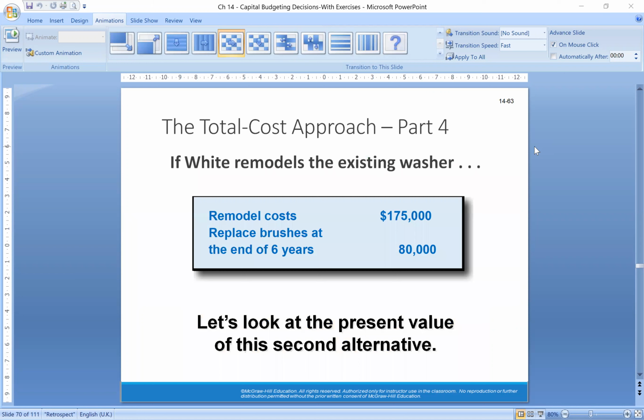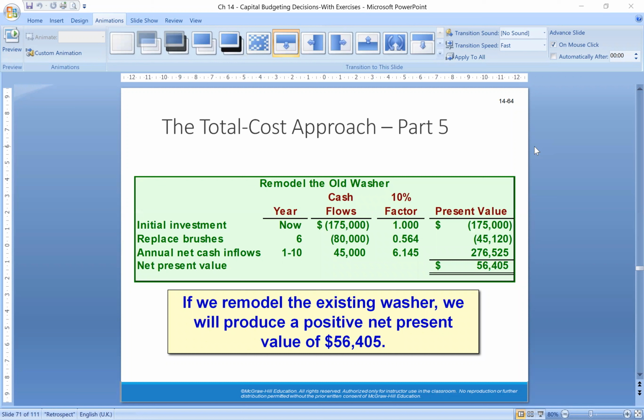Okay, if the company remodels the existing washer, which means I will keep my old machine and remodel it, then the cost of the remodeling will be 175,000, and we need to replace the brushes at the end of year 6 for 80,000. So what is the present value of keeping the old washer?